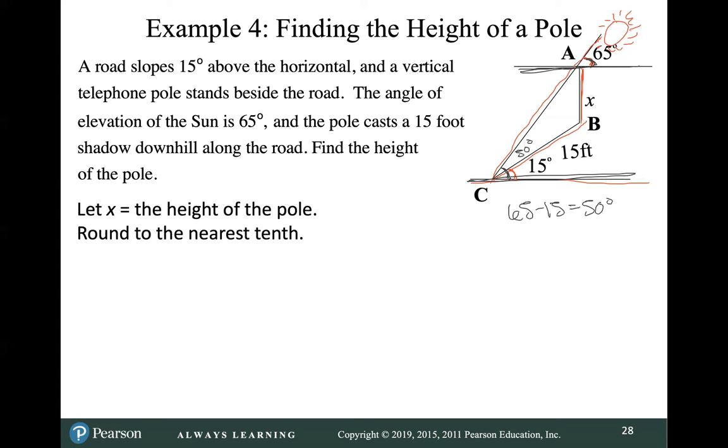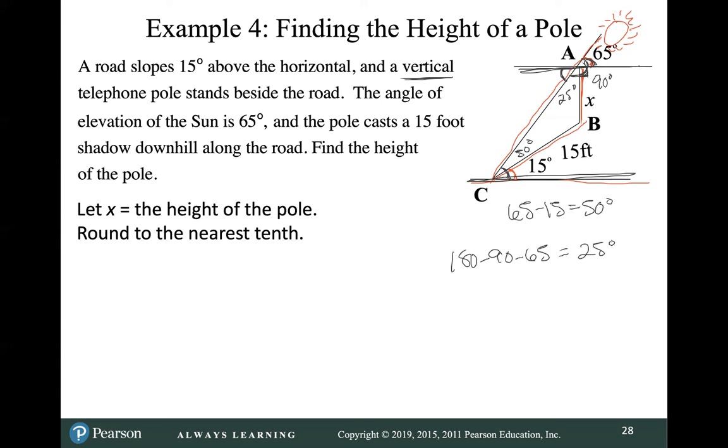To find another angle in the triangle here, we have that 65 degrees is not vertical with my triangle, it's vertical outside of my triangle. But I also have this 90-degree angle because we know that the pole stands vertically, right? So this is 90 degrees, 65 degrees, and all three together make a straight angle. So I can take 180 minus 90 minus 65, which gives me 25 degrees inside of my triangle.